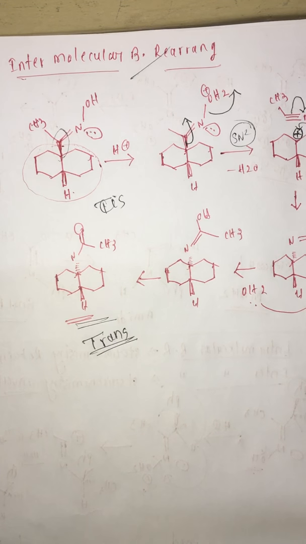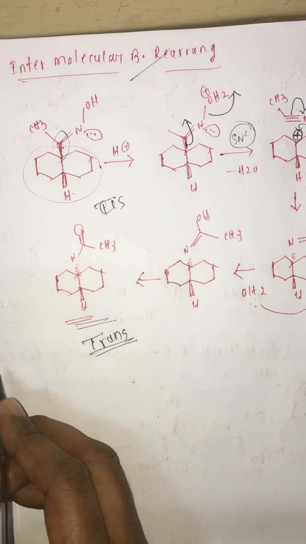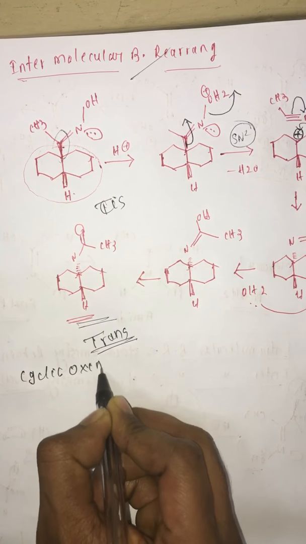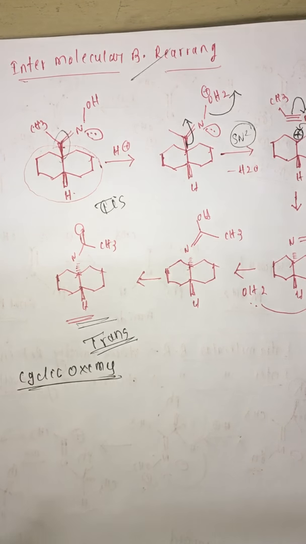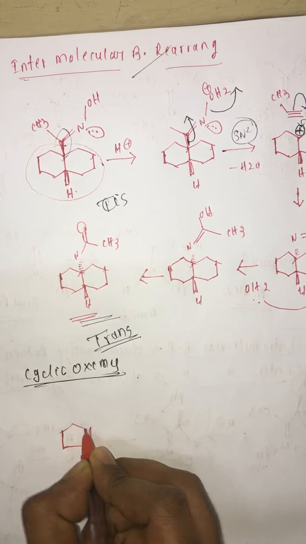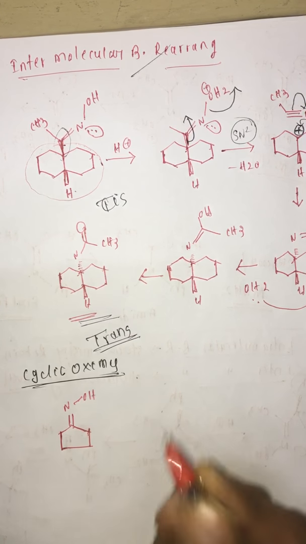Now we are going to see Beckmann's rearrangement in cyclic compounds. So now we'll take a cyclic compound, cyclic oximes. We have double bond N OH.